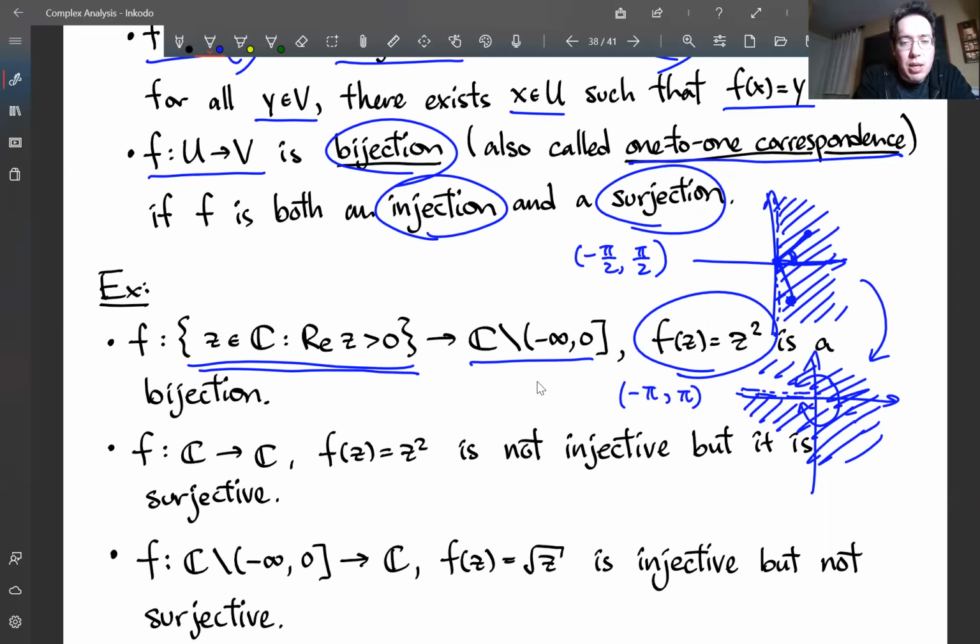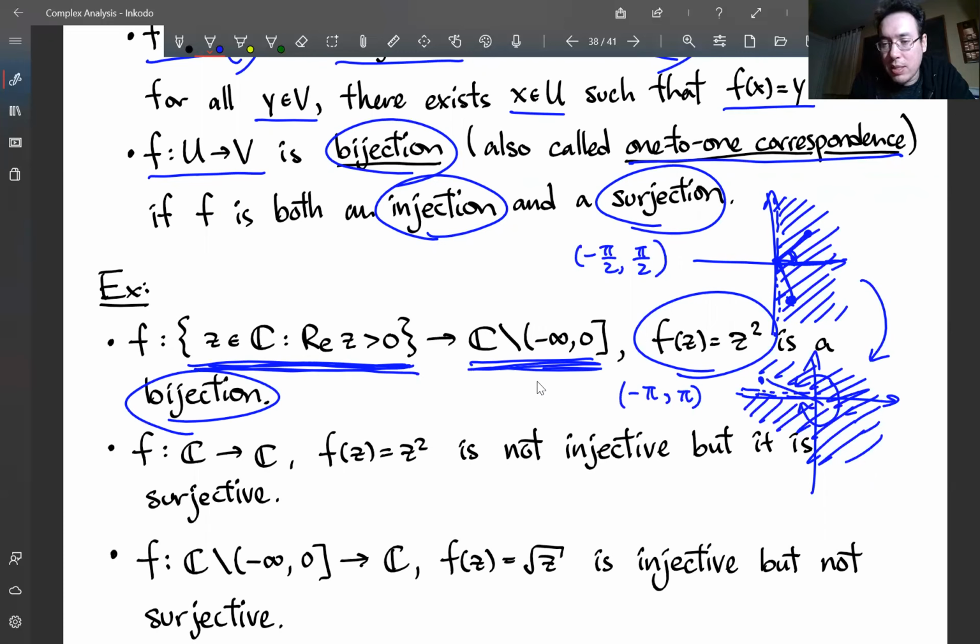So if we start from the right half plane and map to all the complex numbers except for the negative real axis, this is a bijection. Because every point in the range is hit by some number.